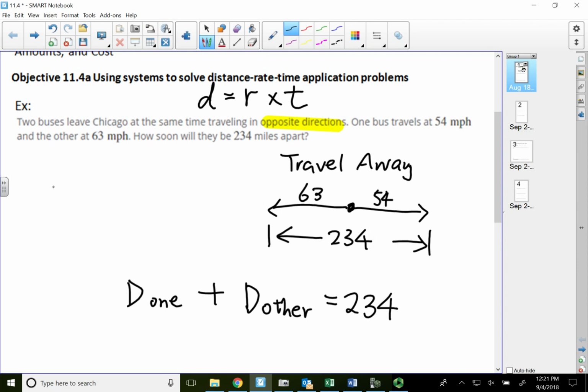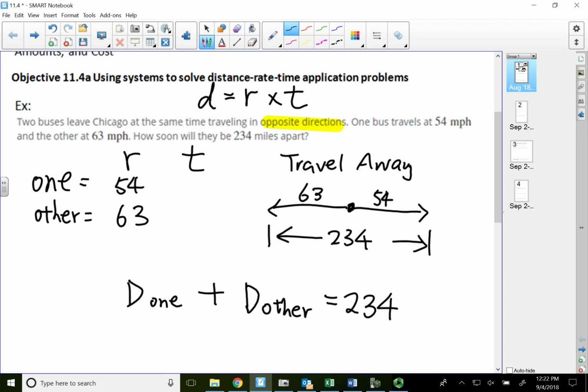So I've got one bus and I've got the other bus. The problem already told me the rate for one bus is 54, the other bus is 63. What about their time? If you think about it, one travels one way, one travels the other way.